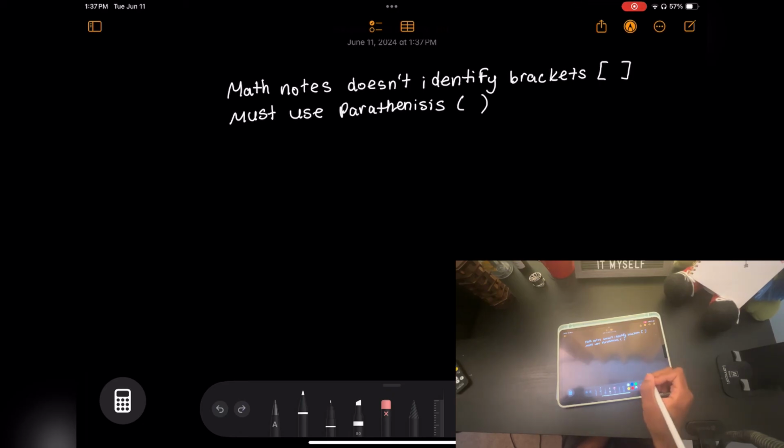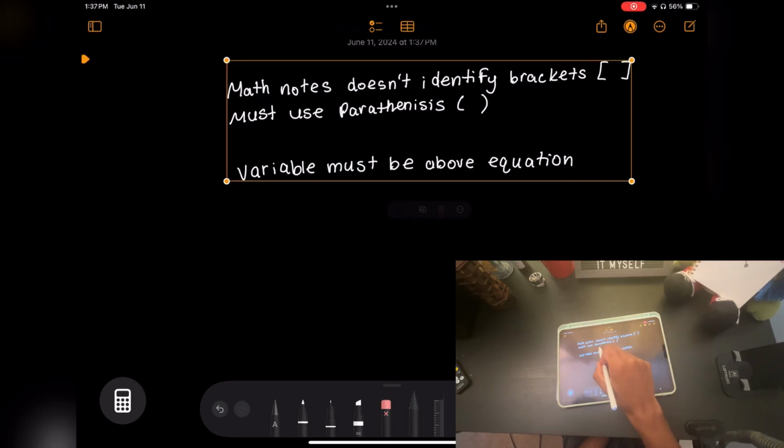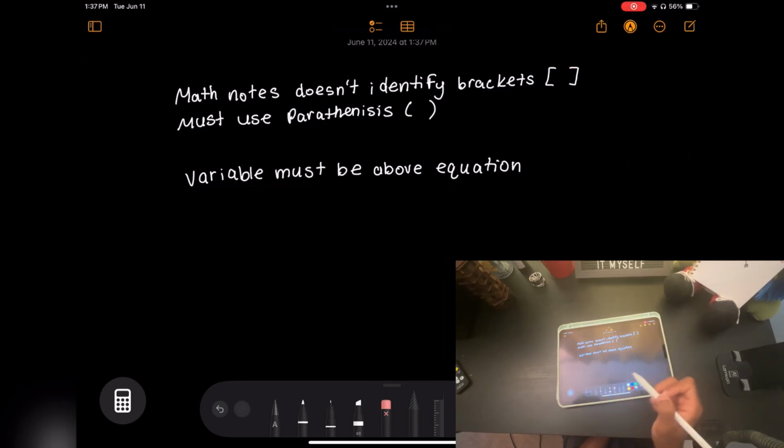And then secondly, variables must be above equations, right? There must be, what's the word that I'm looking for? I can't remember.